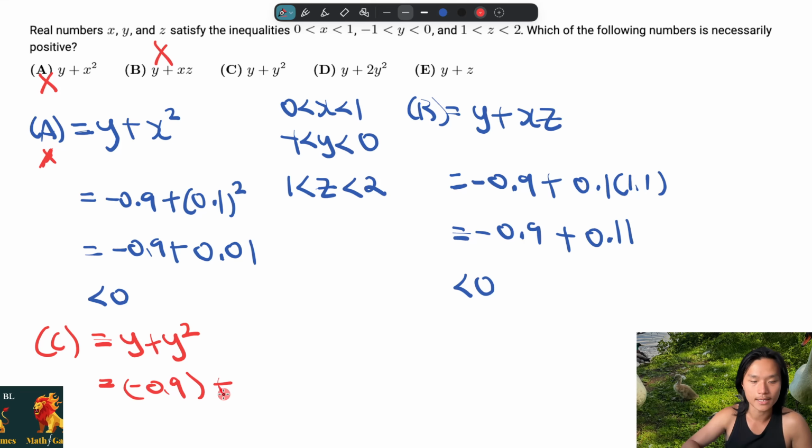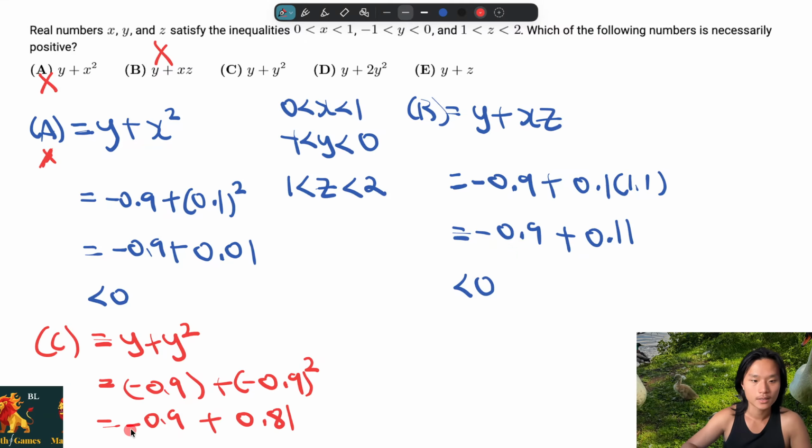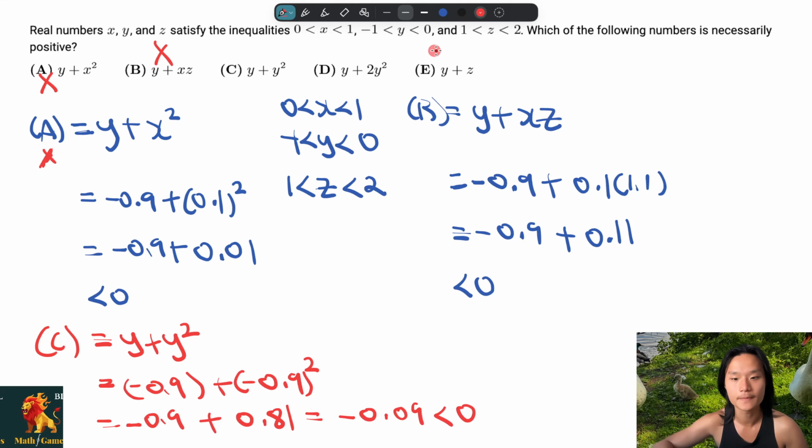So both y's are -0.9. And so we have -0.9 plus 0.9 multiplied by 0.9 is 0.81. Now, once again, this would give us -0.09.